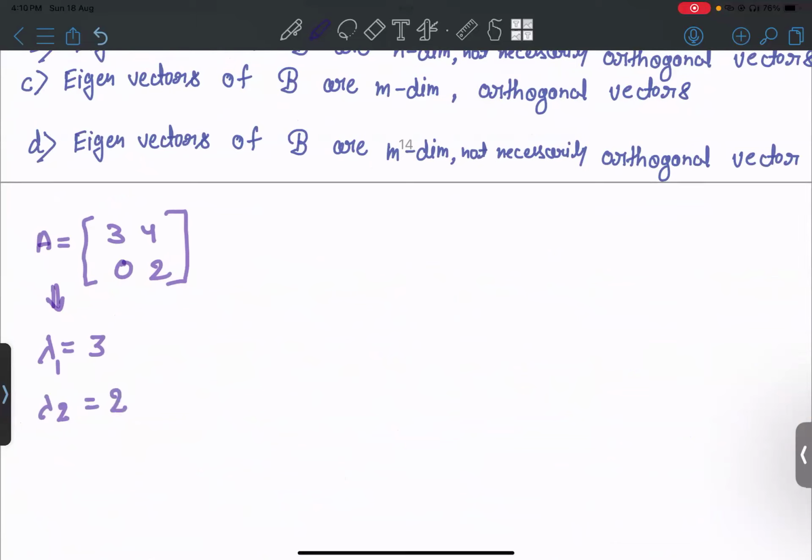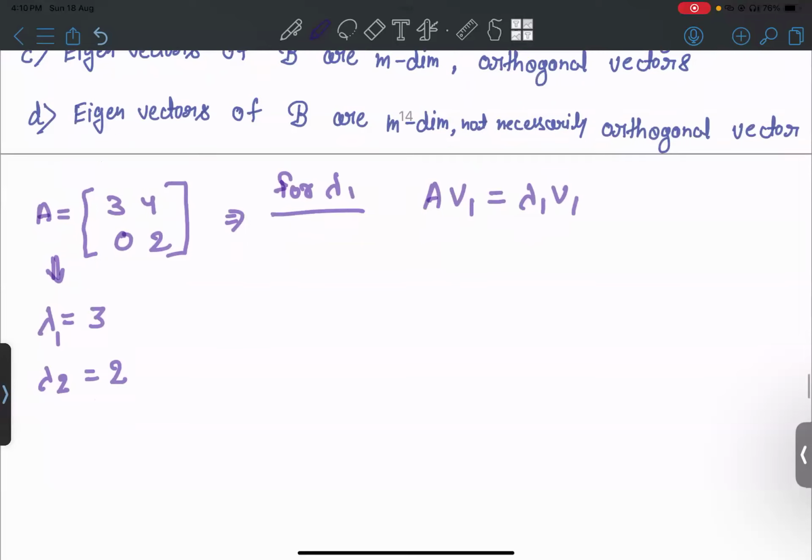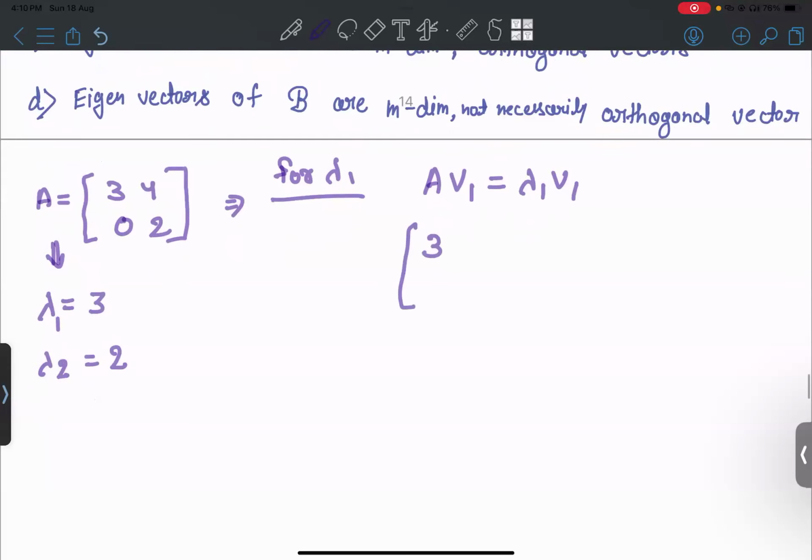Now for lambda 1, what can I write? A V1 will be equal to lambda 1 V1. A is 3, 4, 0, 2.